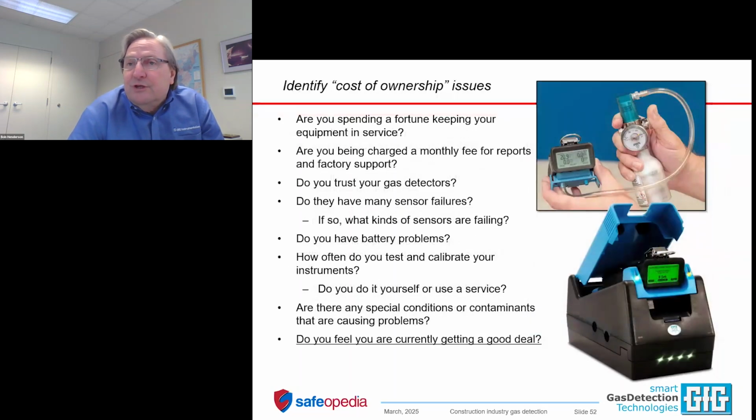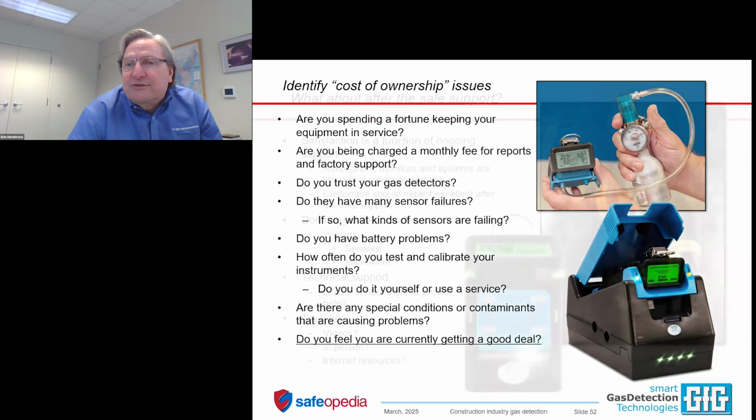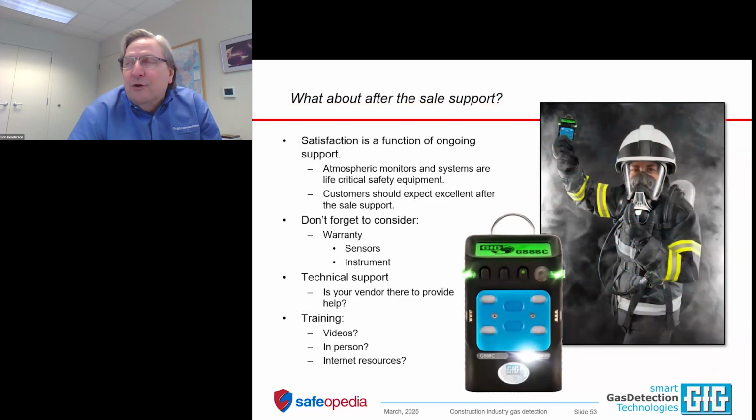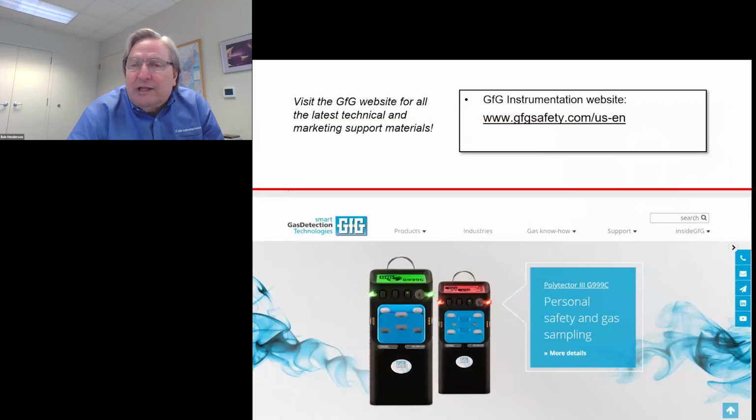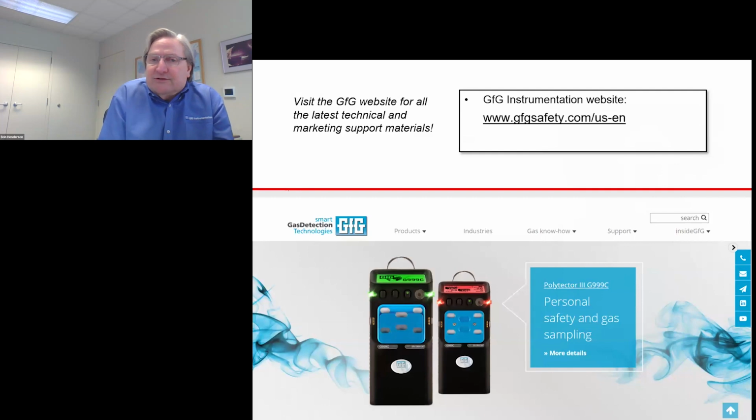It goes into the cost of ownership issues: how expensive is it to replace sensors, how long will the instrument live, what about after the sale support, are you going to get any, or are you just on your own out there? So these are all factors that you should think about, as well as the initial purchase price.